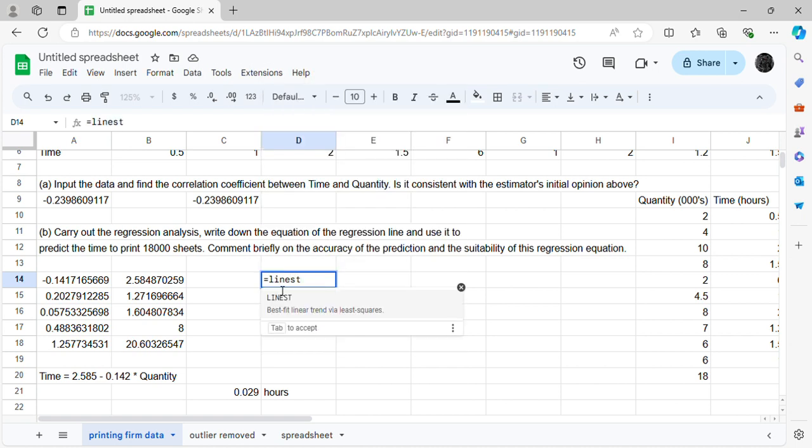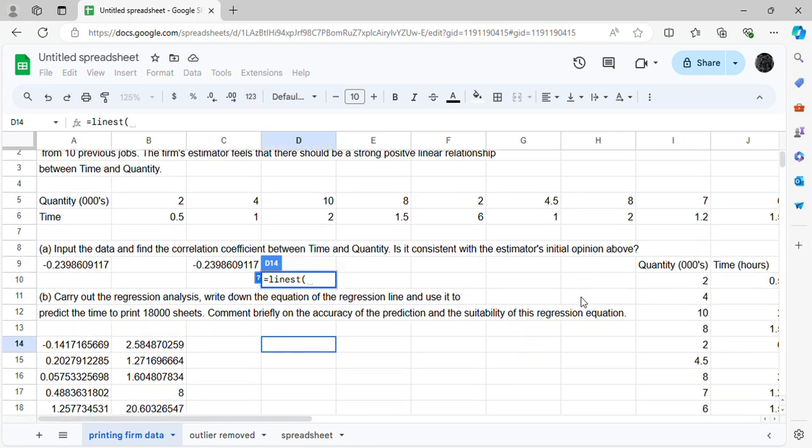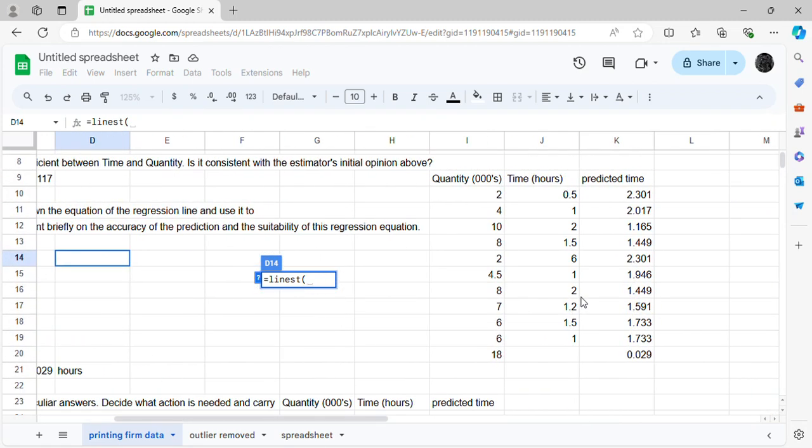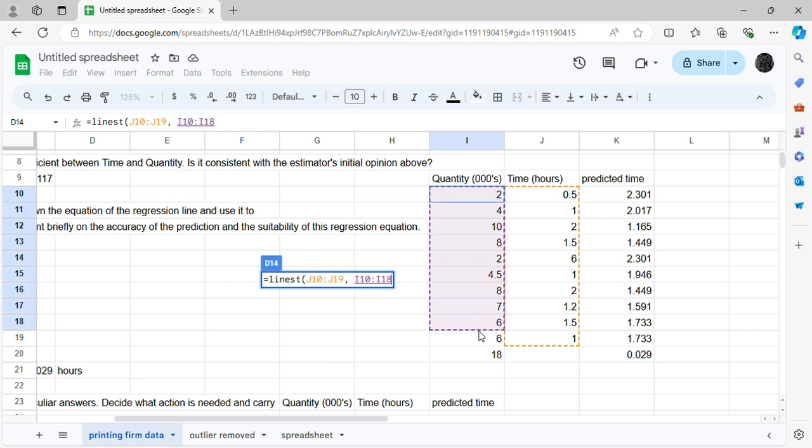So that's line estimation. Let's put the dependent values, which is for time, comma, then the independent variable values for quantity, and close the bracket.